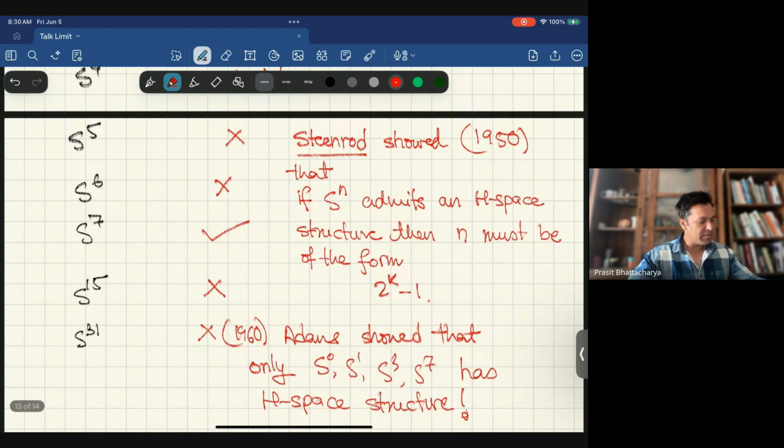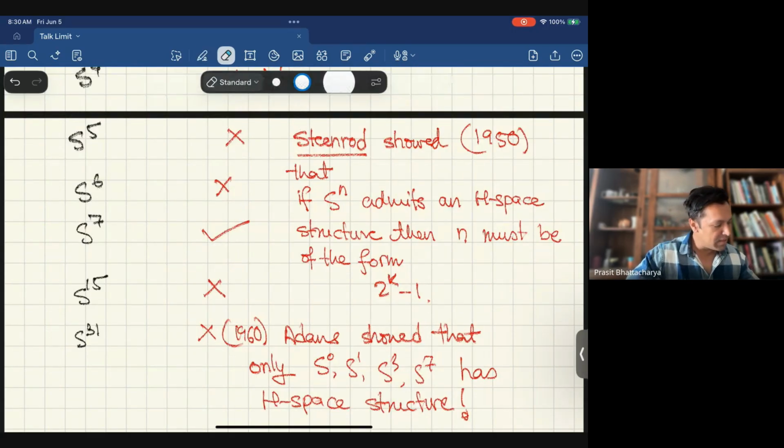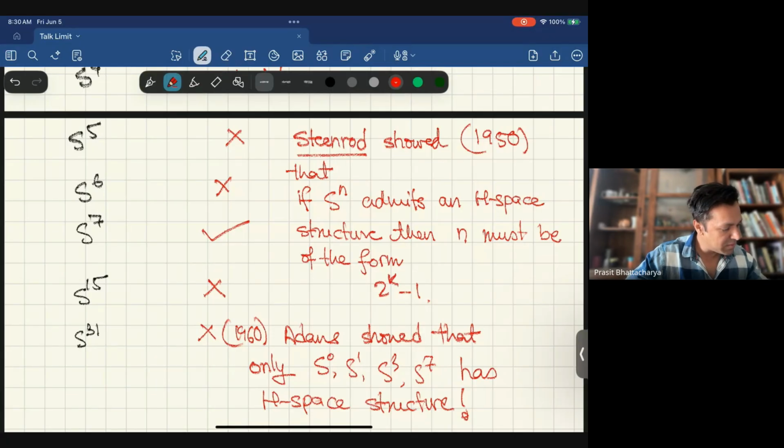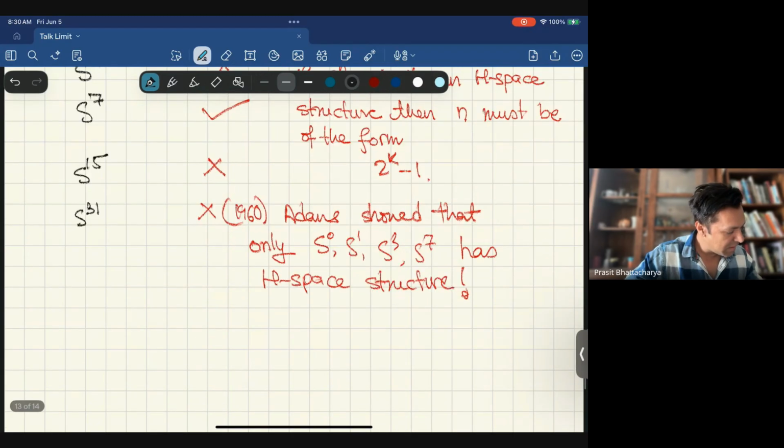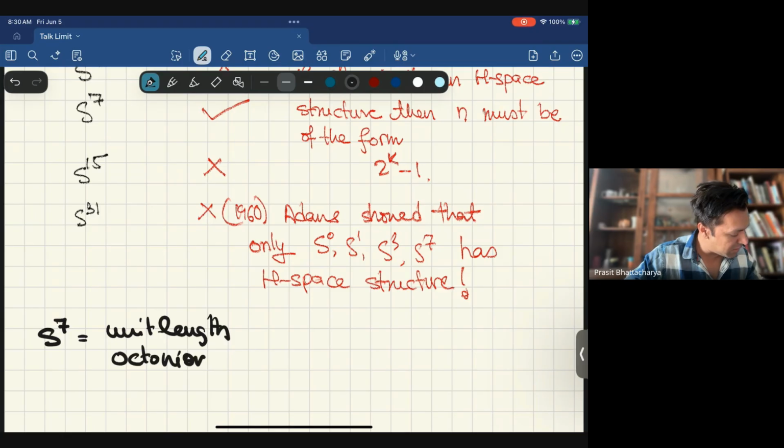But S7, where you get this H-space structure, so let's bring up S7. S7 is like the unit length octonions. So there is something called octonions, and that's the end of this series. So these are the unit length octonions.